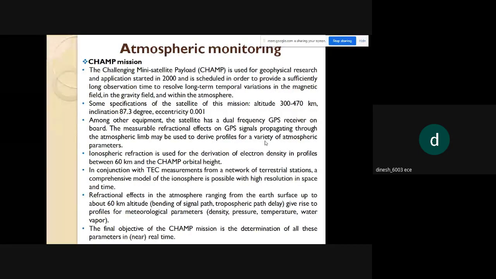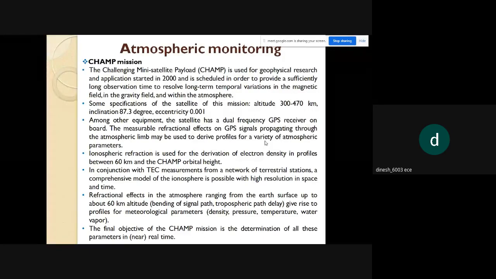So next topic is the CHAMP mission. This CHAMP mission, challenging mini satellite payload, in short CHAMP, is used for geophysical research, and that started in the year 2000, which provides us a sufficiently long observation time to resolve long-term temporal variations in the magnetic field.